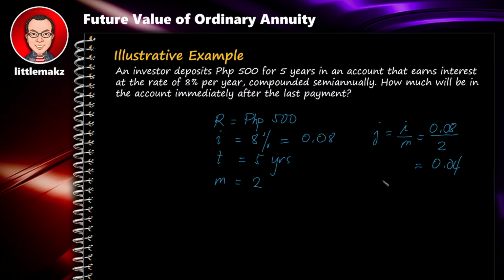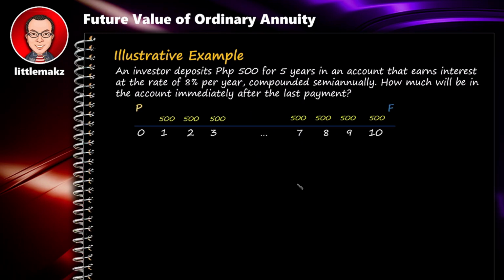And we also have here your n is equal to 2 times t, or that is equal to 10. And so from our given cash flow, you would be able to see that there are 10 periods in this case. 1, 2, 3, and then so on and so forth until the 10th. And each period would be 500 pesos each.